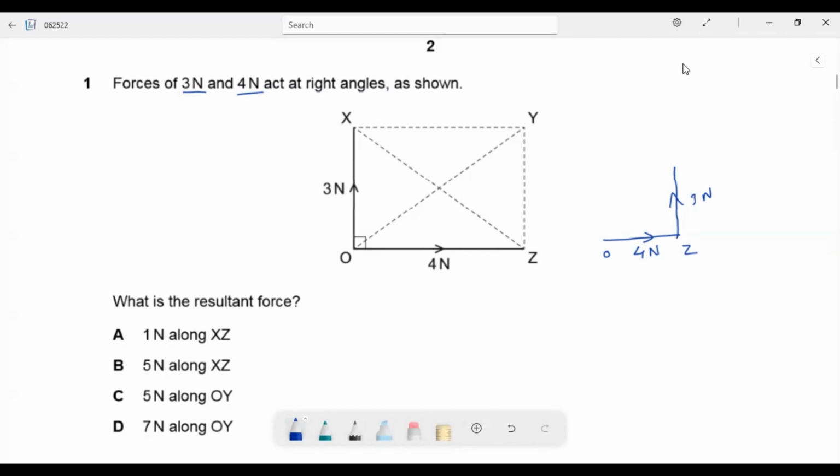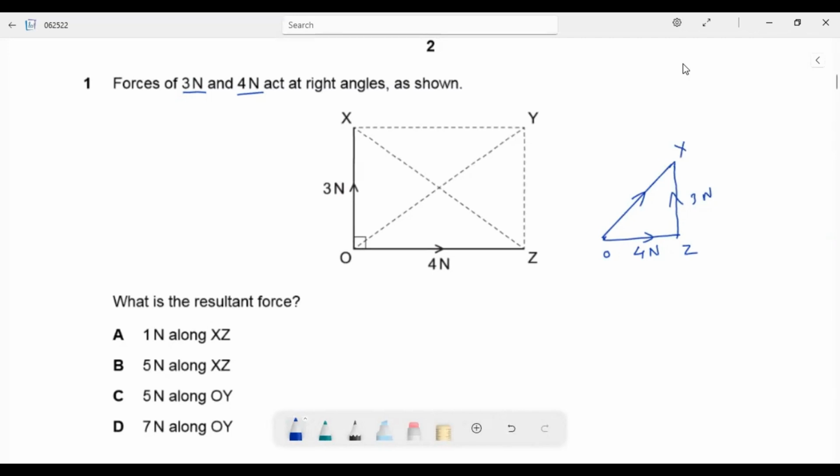So the resultant force should start from the tail of the first force and end at the head of the second force. This will be the resultant force.